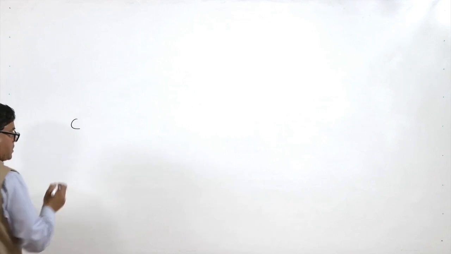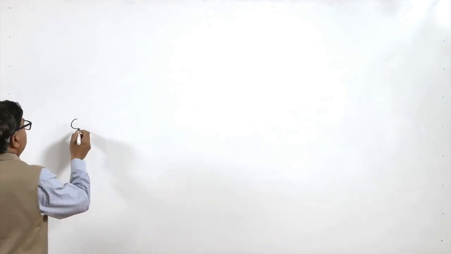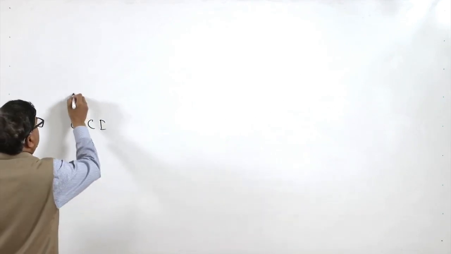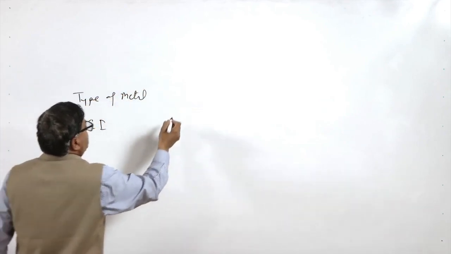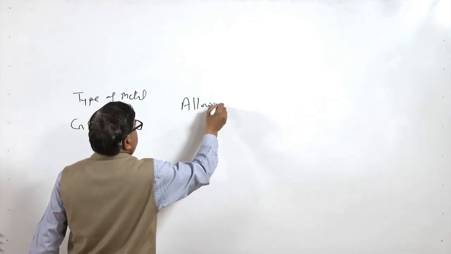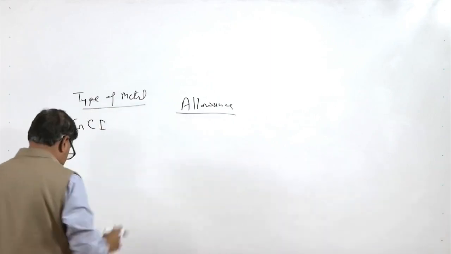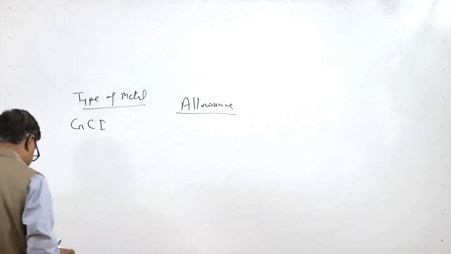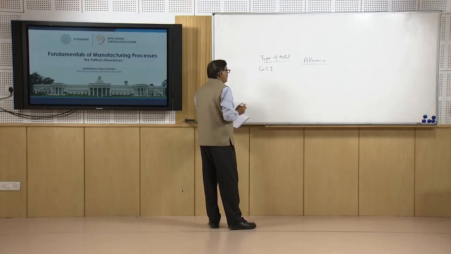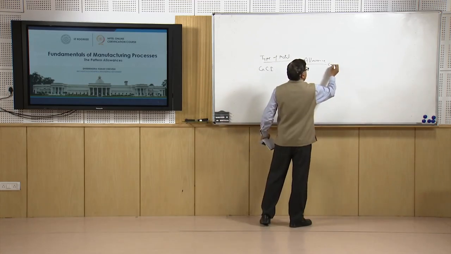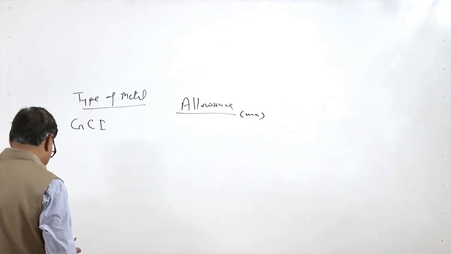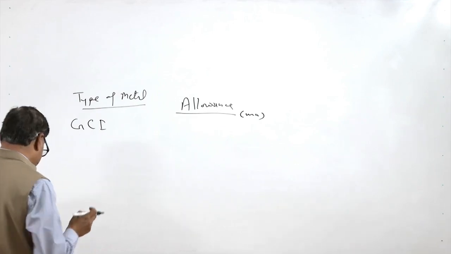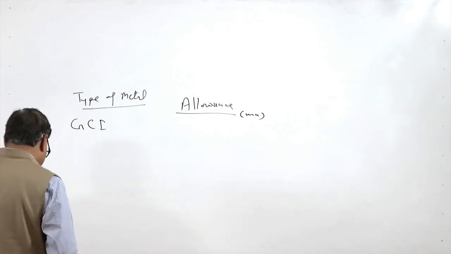Among the most commonly used cast metals, like grey cast iron, we will be writing about the type of metal and the extent of the shrinkage allowance which is given. Here it is like this, this is in mm: shrinkage allowance per mm on the linear dimensions.